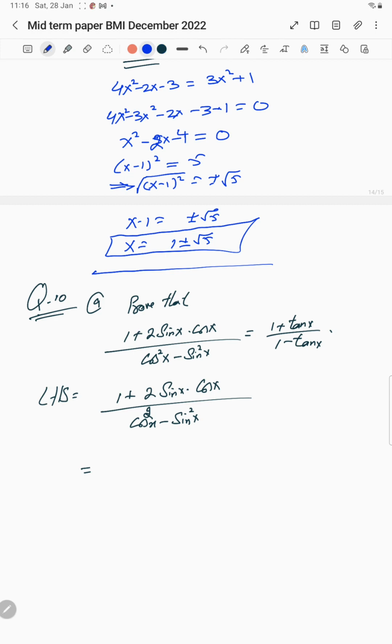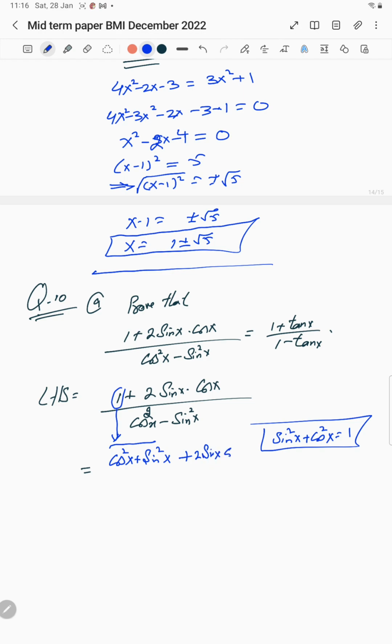We know the identity that sine square x plus cos square x equal to 1. So it means 1 is equal to cos square plus sine square. So I can write it in place of this one. I will write cos square of x plus sine square of x, because this is equal to 1. And next is plus 2 sine x into cos x.